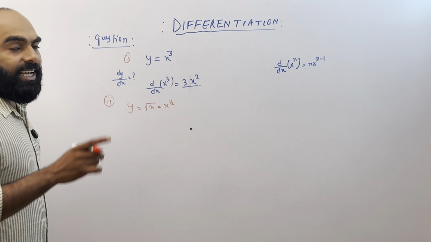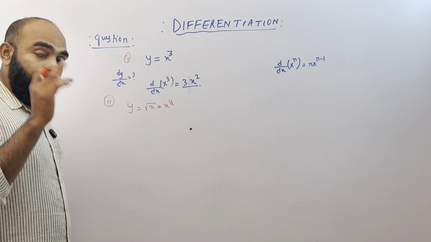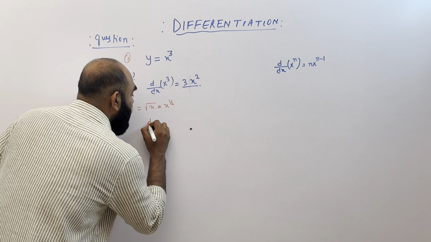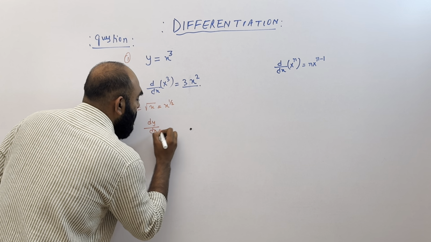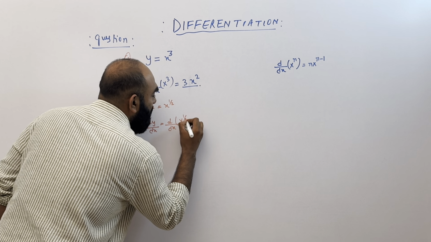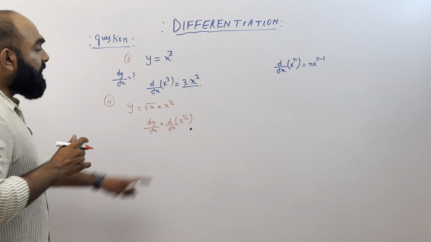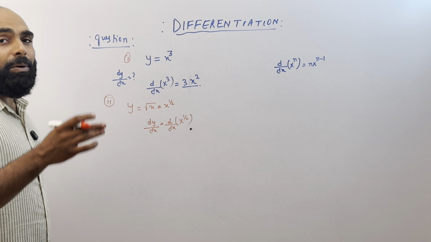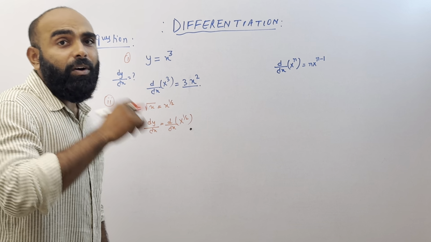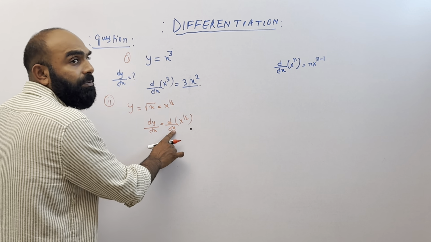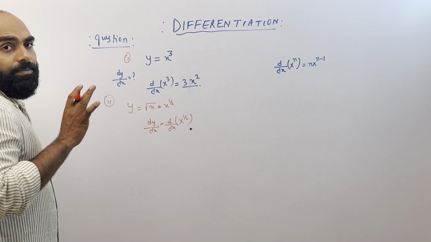Root x can be written as x to the power 1 by 2. Now dy by dx means d by dx of x to the power 1 by 2. This is of the form x to the power n, and the variable is x, so you are differentiating with respect to x only.